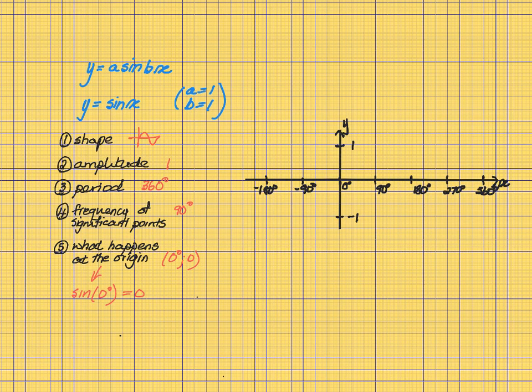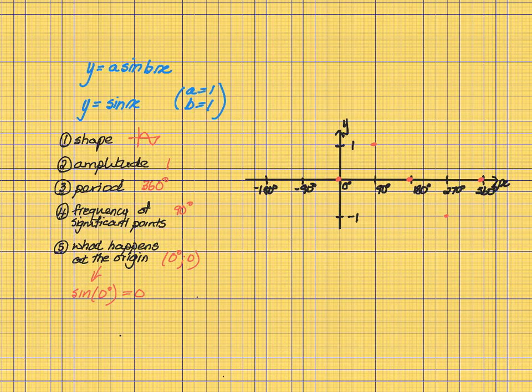So I will plot my first point at the origin, which is there. The next significant point is at 90, and because I know the shape of this graph, I know it's going up or increasing. The next significant point is at 180, and it's on its way down. And then the next significant point is at 270, and the next significant point is at 360.